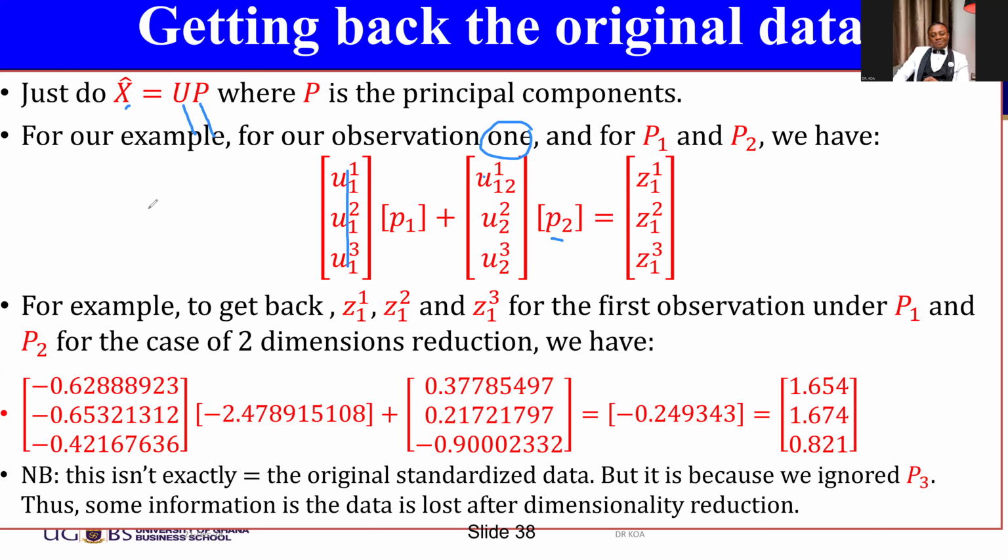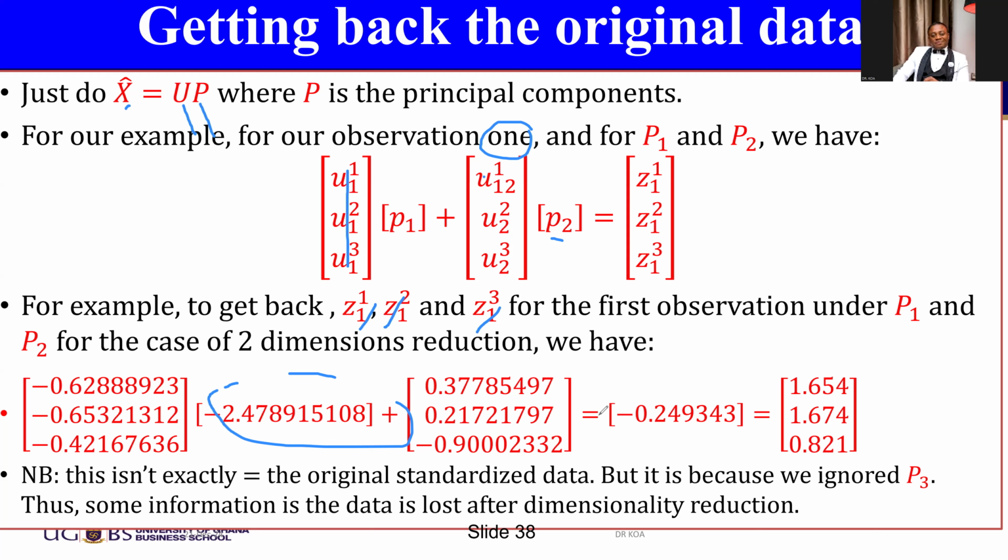So let's see whether we can get the original Z value just for the first observation. The first observation has only 3 variables, that is Z1, Z2, and Z3. So we take this very one here, which is the weight, multiply it by the principal component, which is that. Then you take the second weight, the U's, and multiply it by the second principal component.